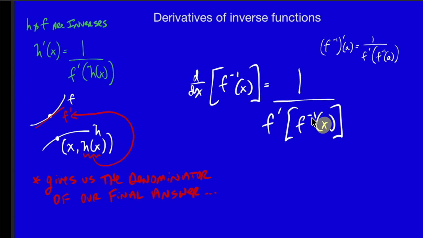So this is the output of the inverse function. And what are they doing with that? They're plugging it into the derivative of f. Same thing we're doing here. Here's the output on the inverse function. You plug x in, you get h of x. We take that output and plug it into the derivative of the original function. Same thing.